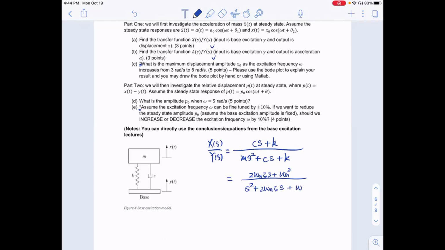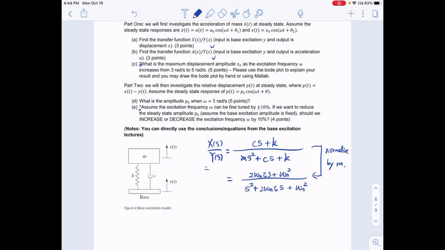Either way is okay. So from there to here, you just normalize by m. All right. So you have X(s) over Y(s), that's the transfer function. We need to use this one to go to part C.